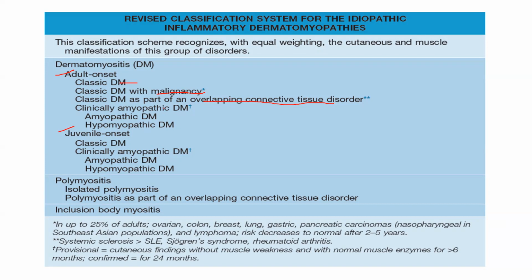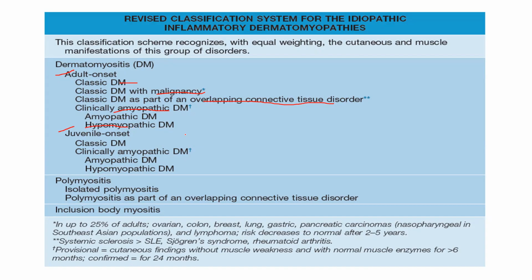But as well, you can also have dermatomyositis without muscle involvement, or what we call the amyopathic dermatomyositis. In this case, it can either be complete, or just reduced muscle function. So the hypo means reduced, hypomyopathic dermatomyositis.